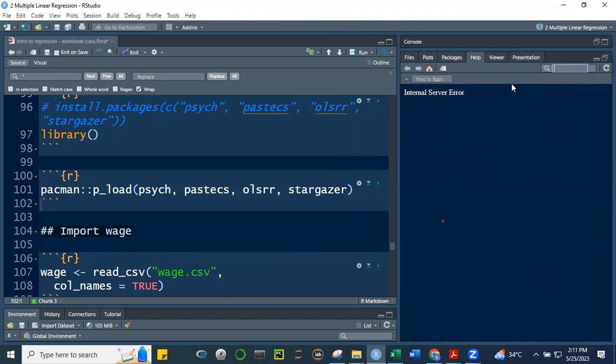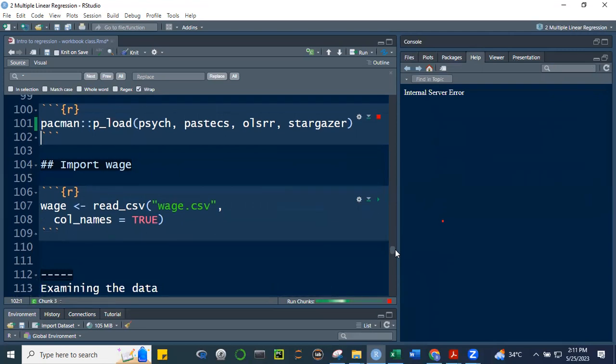Ay, nag-error ako class, sorry. So if I run this, that will work class kahit hindi pa na-install package si psych, si pastex. Yung mga packages na yan, hindi pa natin na-load, di ba?